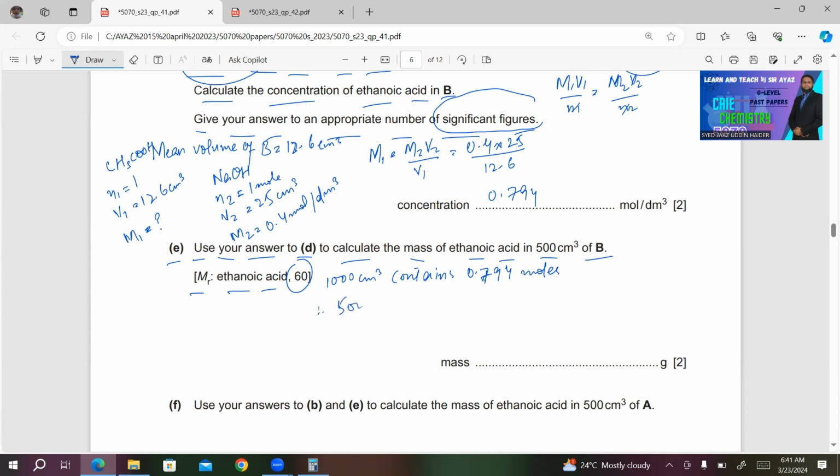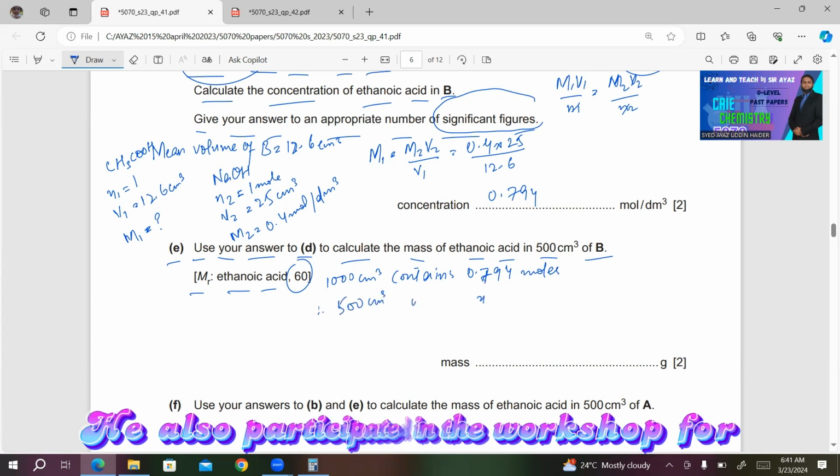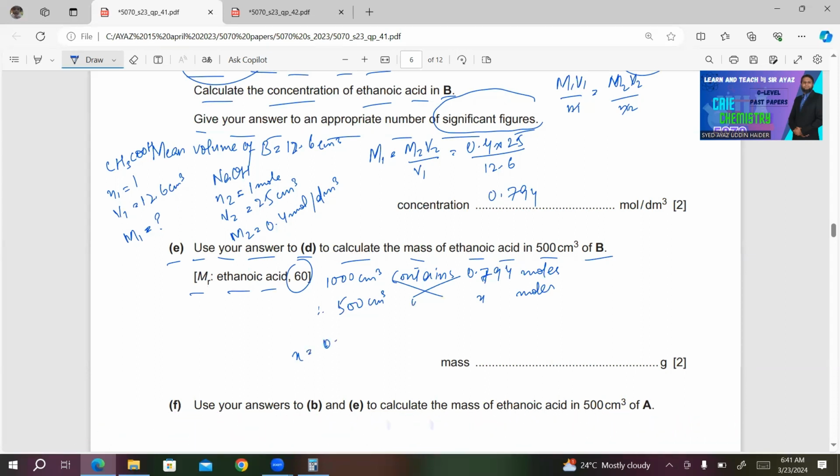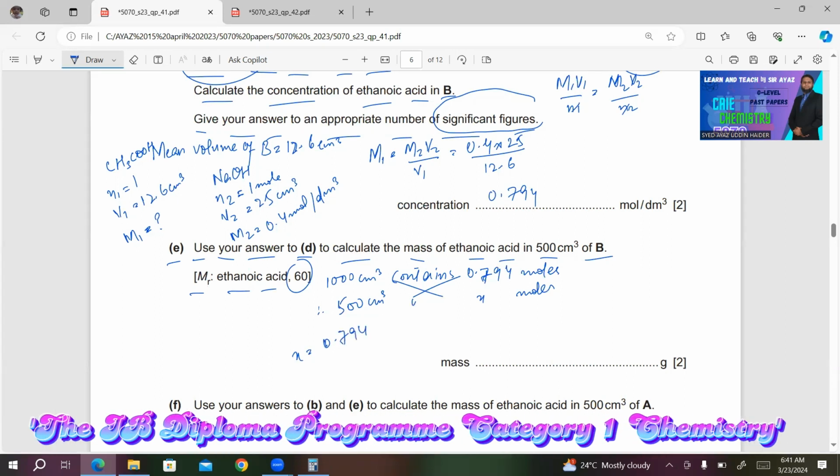Therefore, 500 centimeter cube contains X moles. Do the cross, we will get X is equal to 0.794 multiplied by 500 divided by 1000.